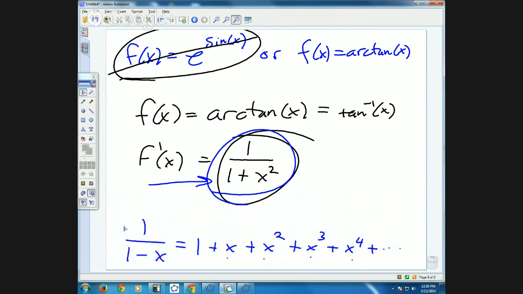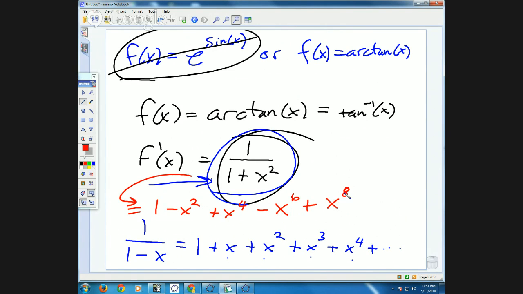Okay, so my belief is that this function right here has the following series. This guy is equal to 1 minus x squared plus x to the 4th, because the square will cancel the negative, minus x to the 6th, plus x to the 8th.